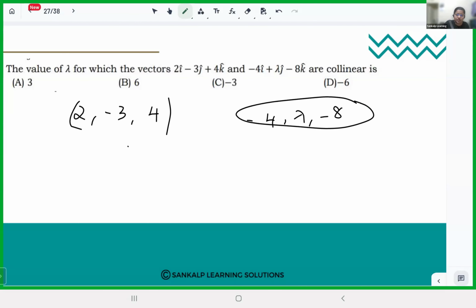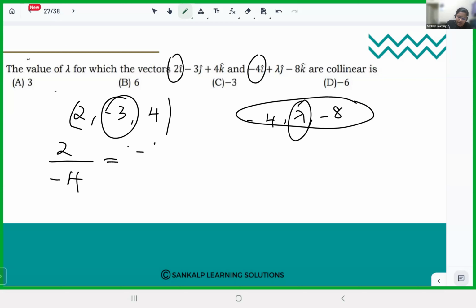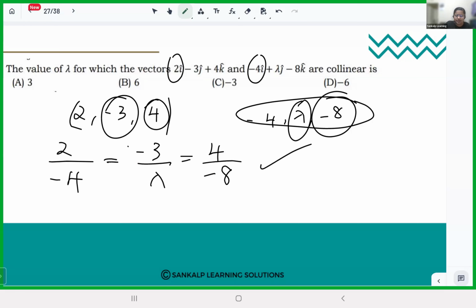These will be proportional, so 2 by minus 4 will be equal to minus 3 by lambda, which will be equal to 4 by minus 8. If the vectors are collinear, they will be parallel and will definitely satisfy this property.